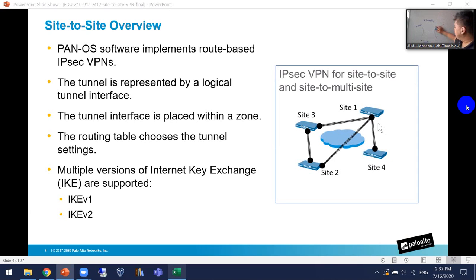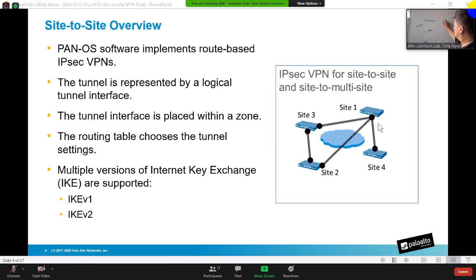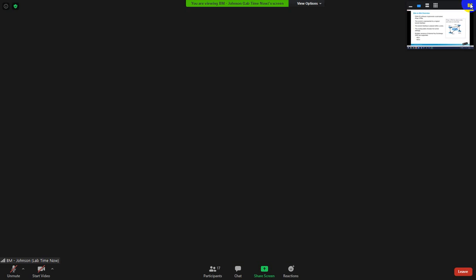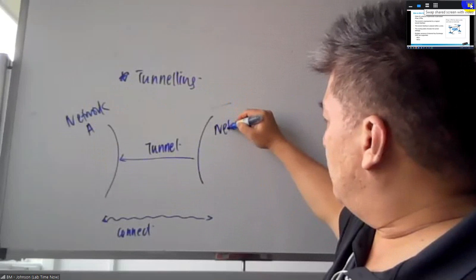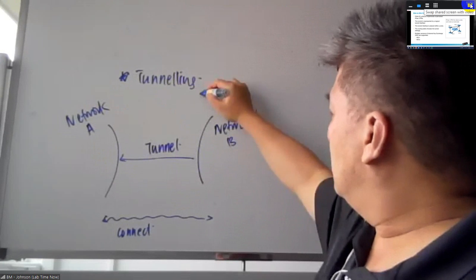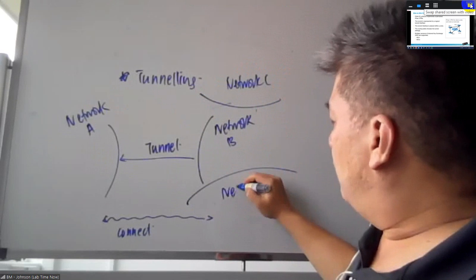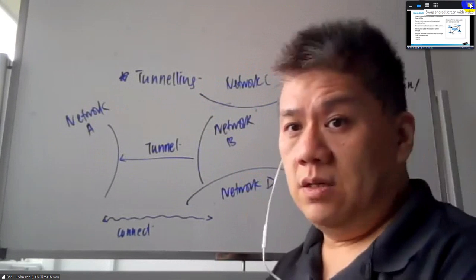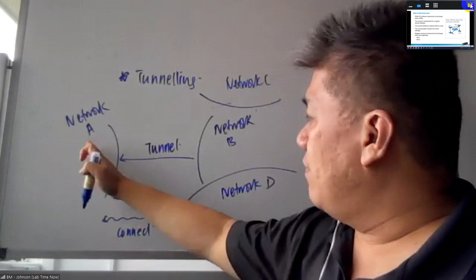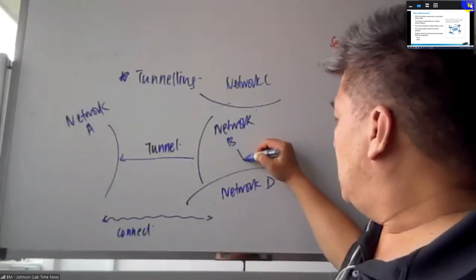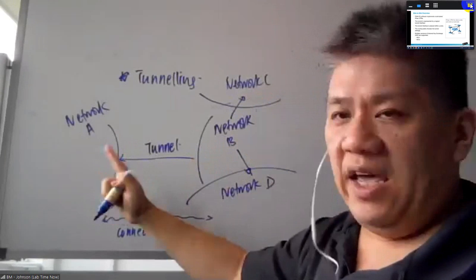So you have a network, this is the tunnel, then you have network A, network B, network C, and network D. What can happen is you have a tunnel that goes to B, then B tunnels to D, D tunnels to C. A doesn't tunnel to C or D.